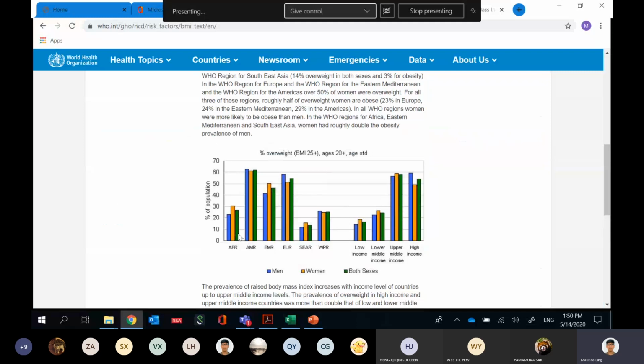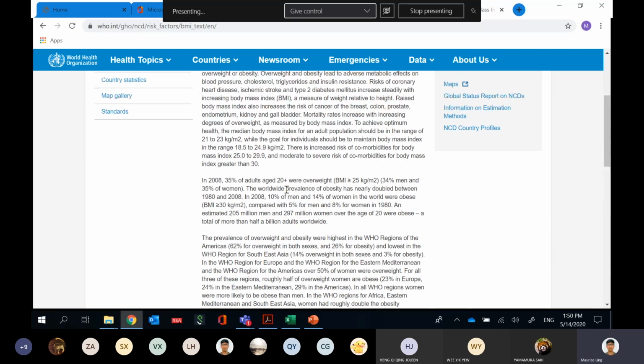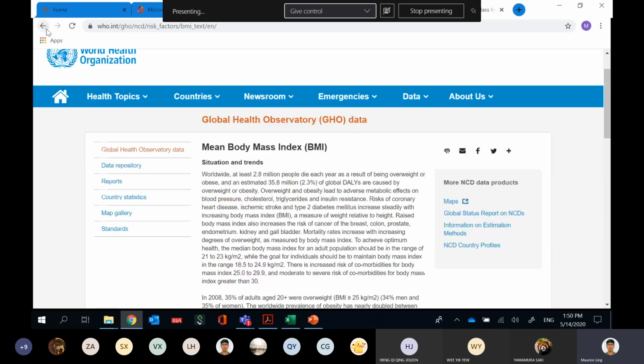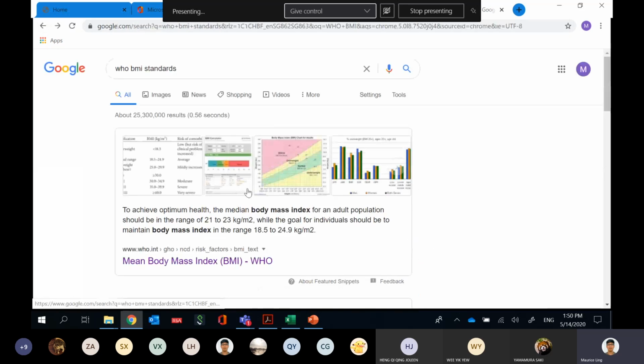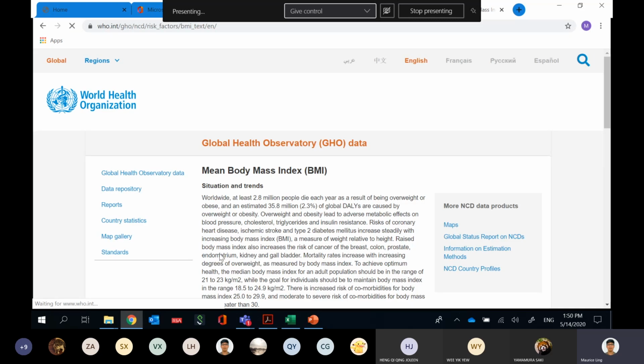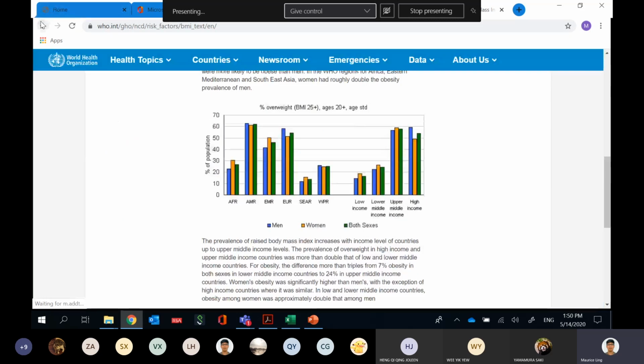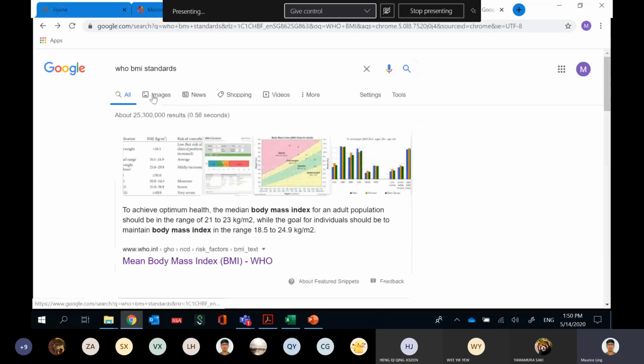You see, the number of population above BMI of 25 is actually quite high, in different countries. Let's look at some of the other charts that we can find. This is the same thing. Let's look at other graphs, tables, images you can find.